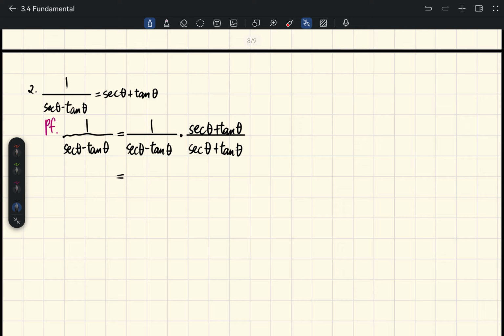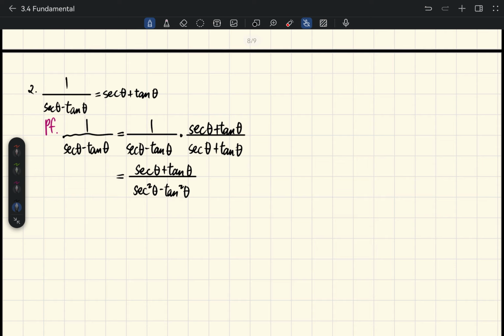What do we get in the numerator? So in the numerator, we have secant theta plus tangent theta, and in the denominator, what we have here is a difference of two squares. So we have here secant squared theta minus tangent squared theta.